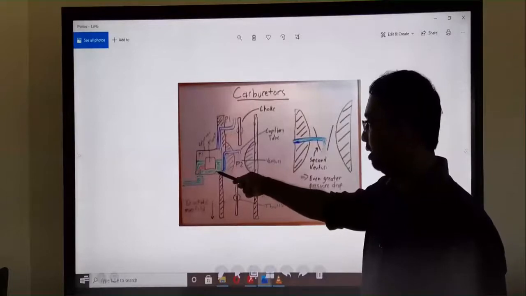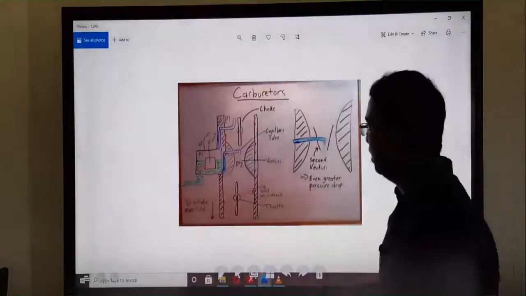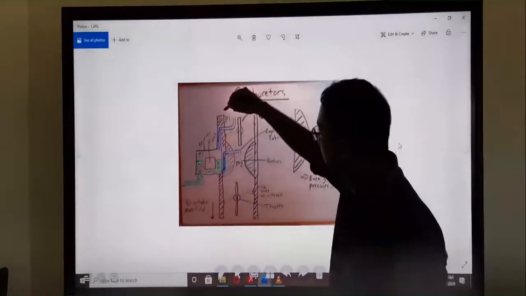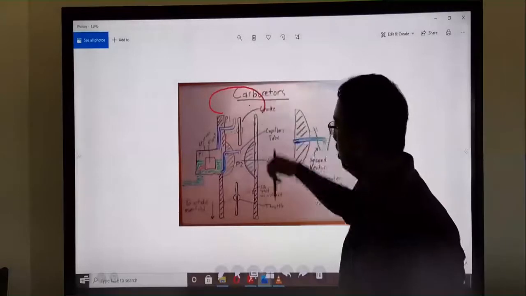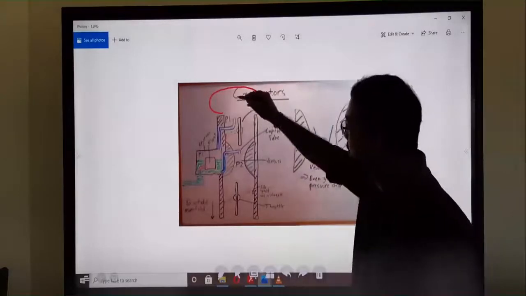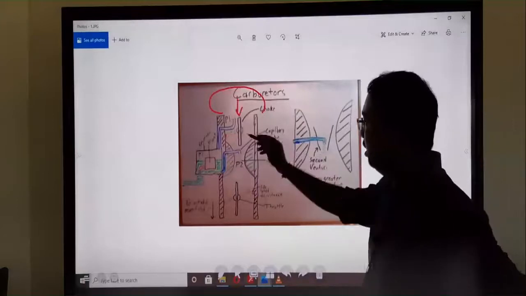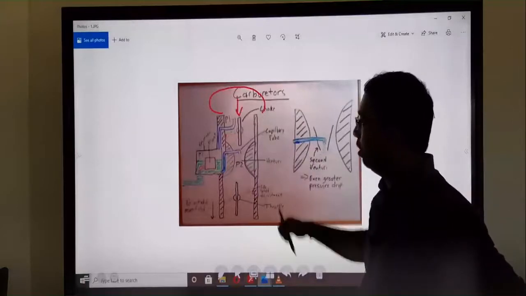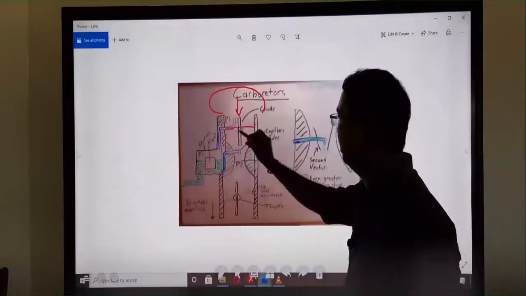Here the fuel is stored. First, the air filter is located on this side, so the air comes from the air filter. Here there is a valve called the choke valve. We have to rotate the choke valve until like this.